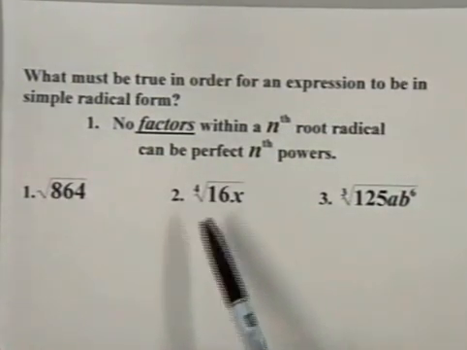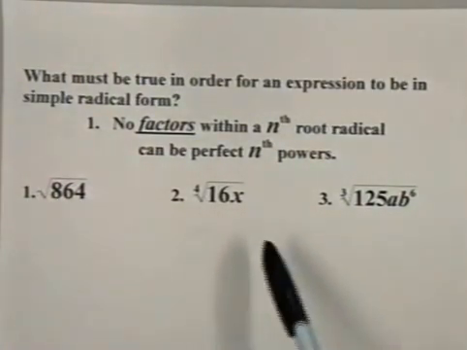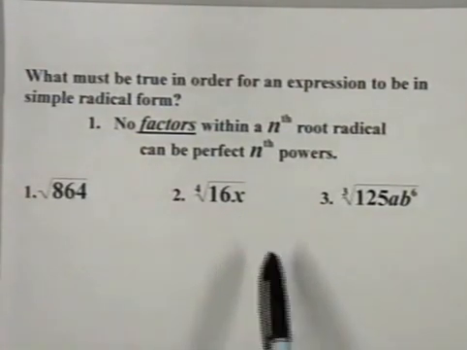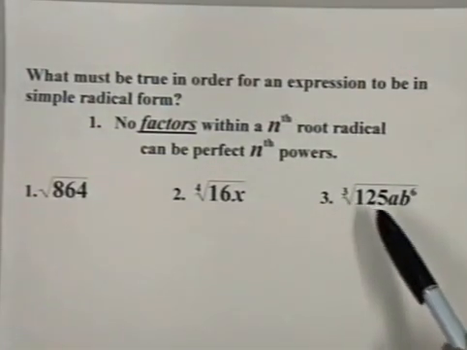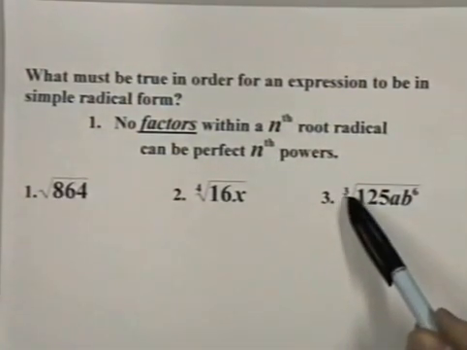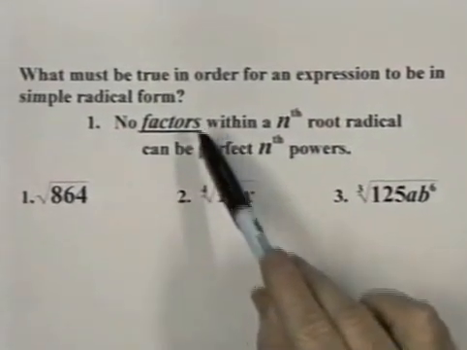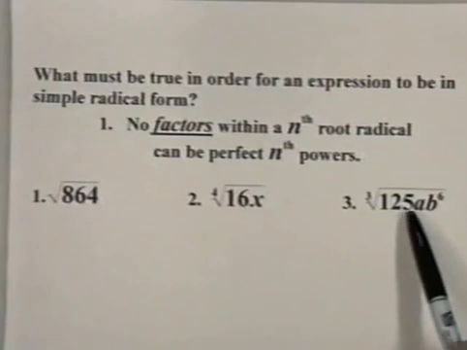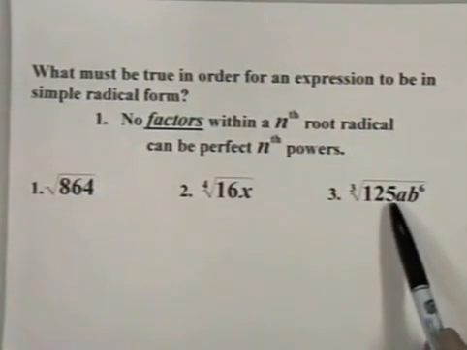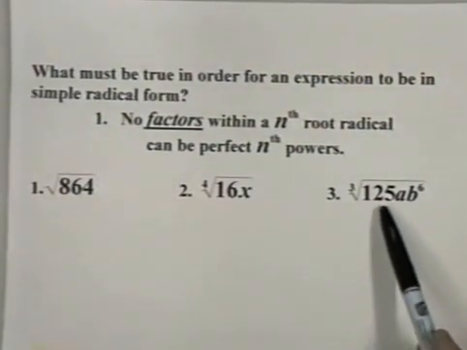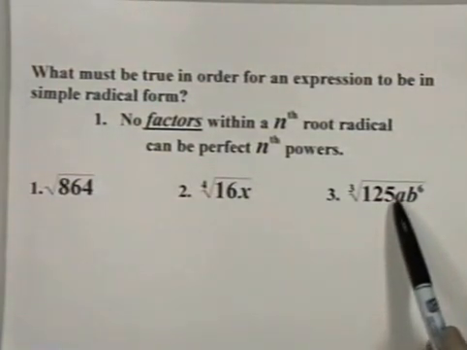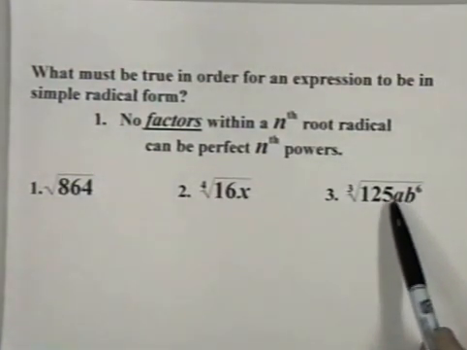We've got to recognize when they're not in simple form in order to have any hopes of simplifying them. So let's look at the third example here. Here's a cube root. So now we're looking for perfect 3rd powers that are factors. Well, sure, 125, you should know, is a perfect cube or a perfect 3rd power, and it's a factor. 125 times a, so that's a factor.